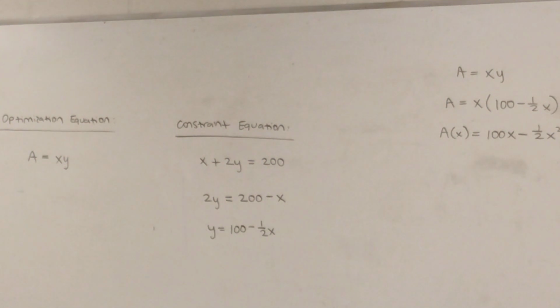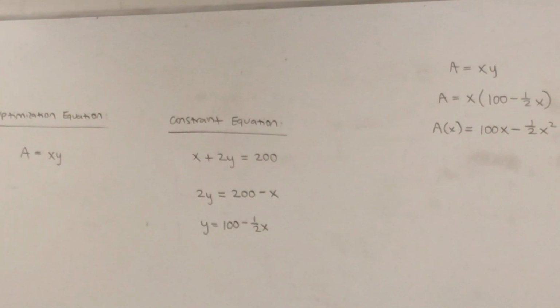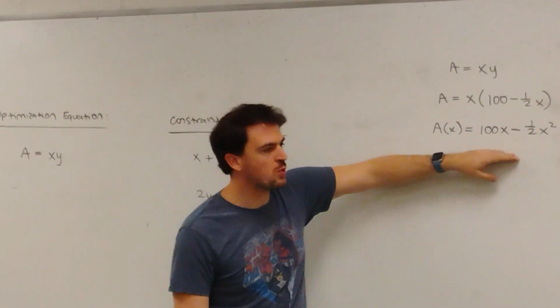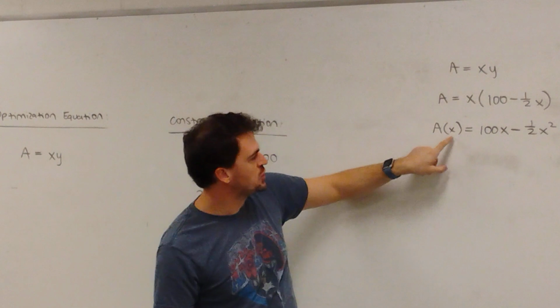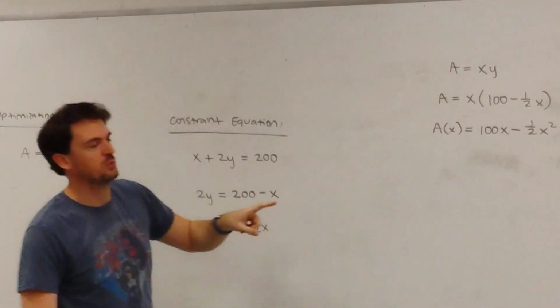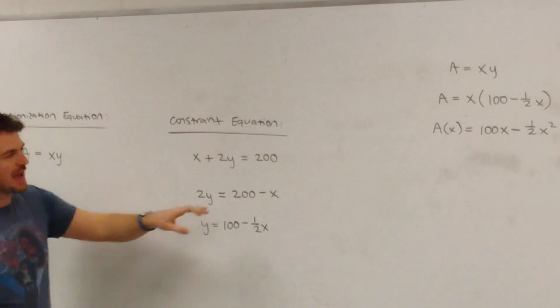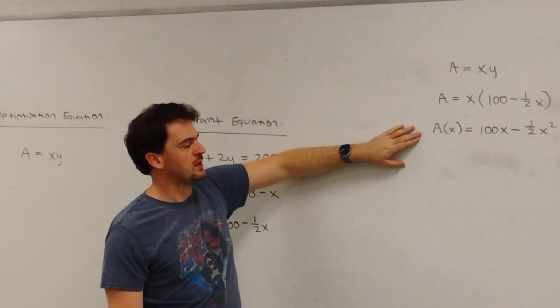So now I'm going to adopt function notation and say A of x equals this, and now I have a function in terms of x. Our Calc 1 brain is happy here. I have a function in terms of only one variable. Thinking about what this function gives you: you tell me x, which in our story was the length along the river, and this function outputs the area of that pen.